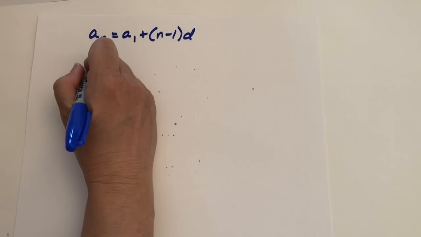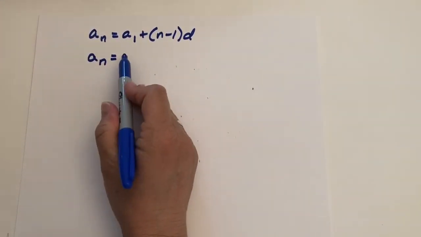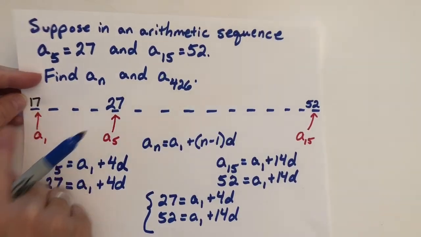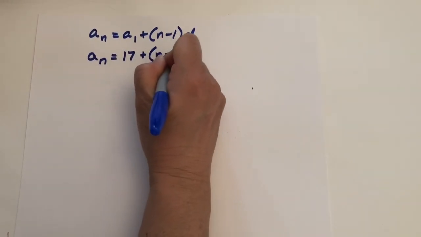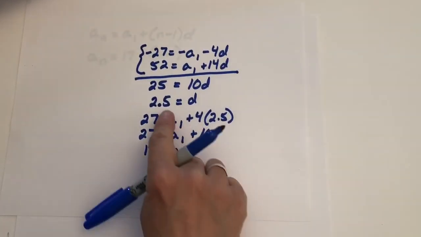We're trying to find a sub n. Our first term, remember, is now known to be 17 plus n minus 1 times d. Remember, we found d, and d is 2.5.